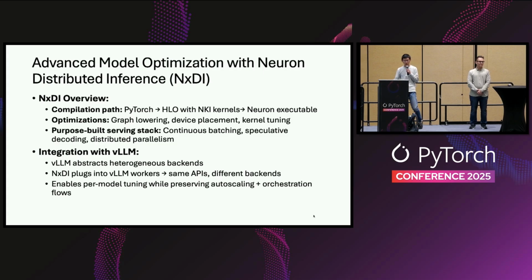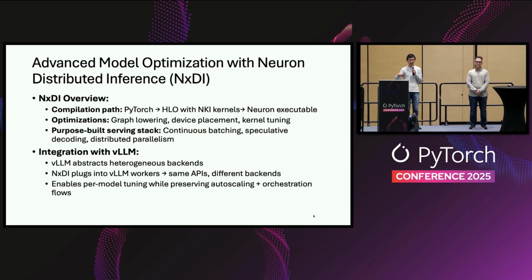The Neuron executable flow is basically to orchestrate the flow from device placement and graph optimization along with producing the Neuron executable along the way. On top of that, this provides the capability of running continuous batching, speculative decoding, as well as distributed parallelism.